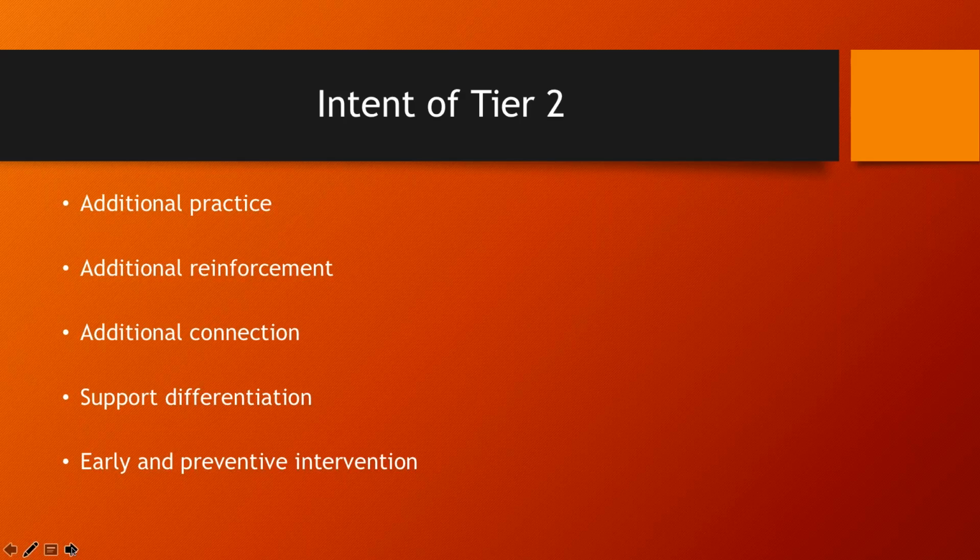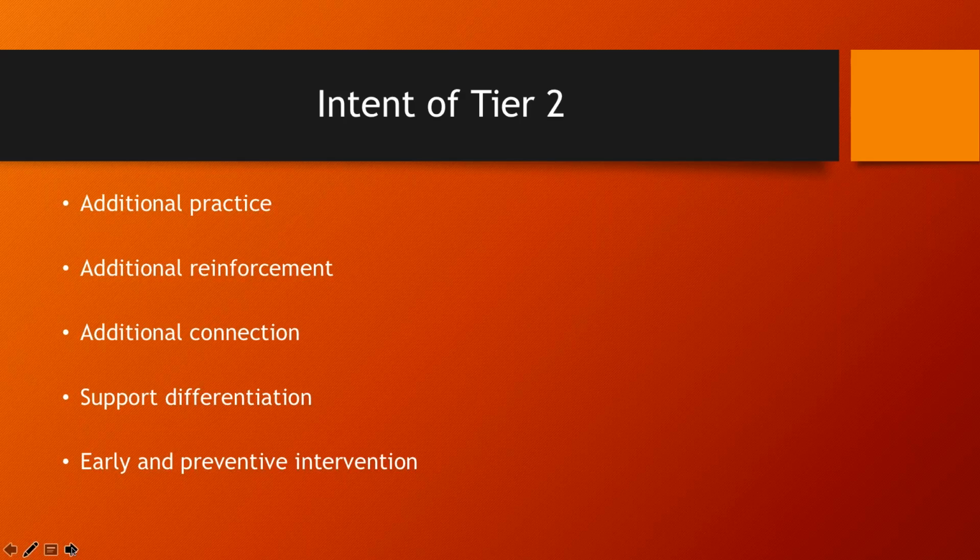As we move through Tier 2, we also want to make sure that we're thinking about support in terms of differentiation. So when our Tier 2 system is built, we do identify a generic or a basic intervention that most students, almost all students, are going to begin with, something like check in, check out.